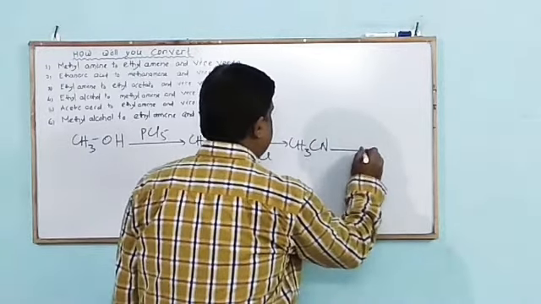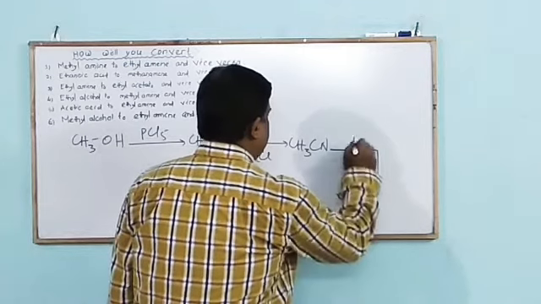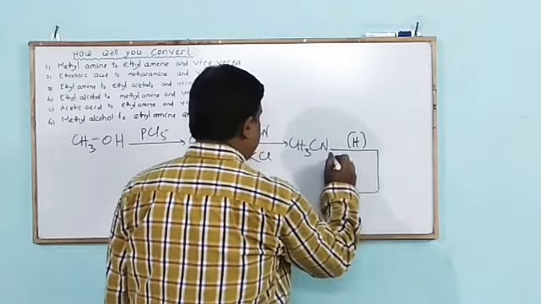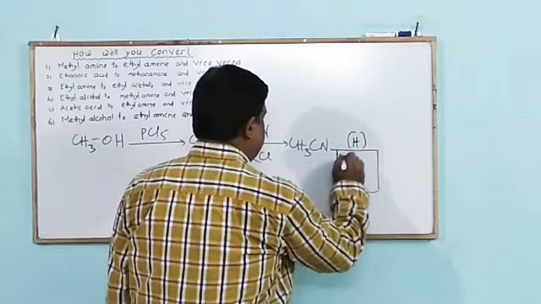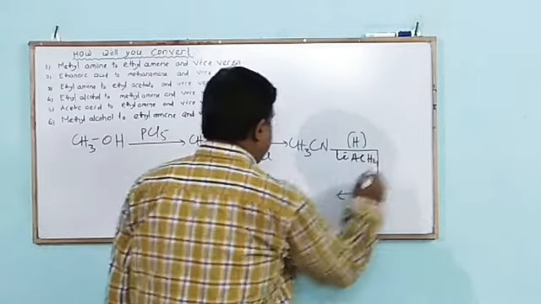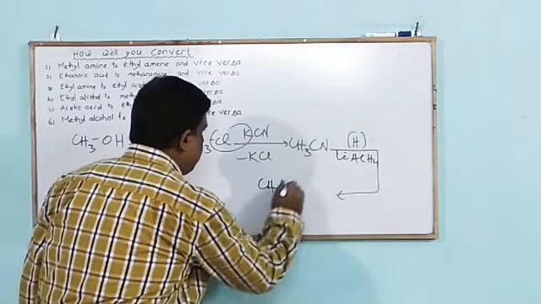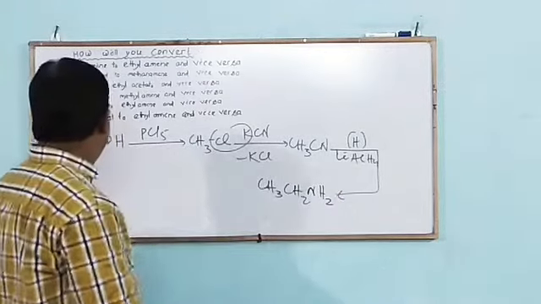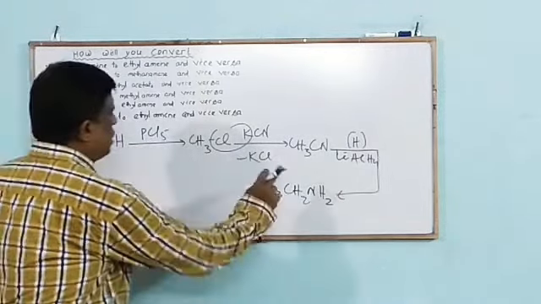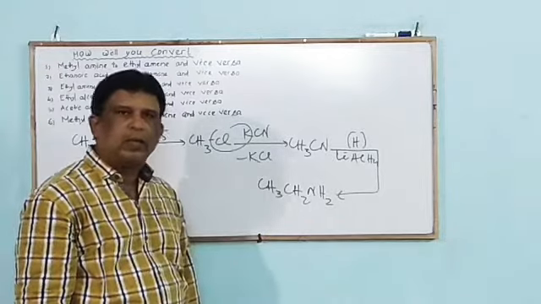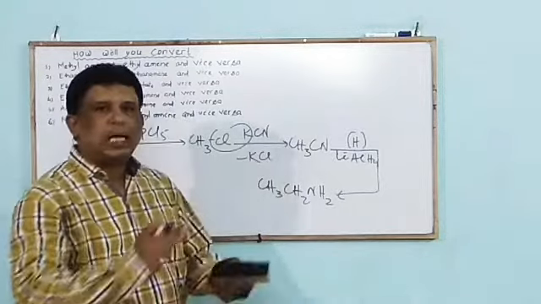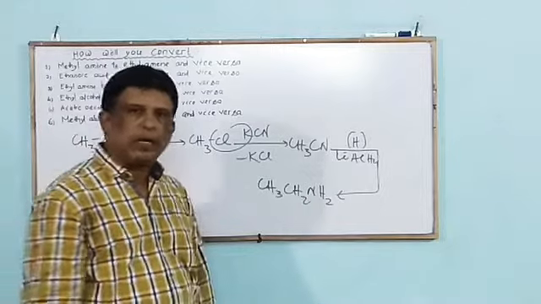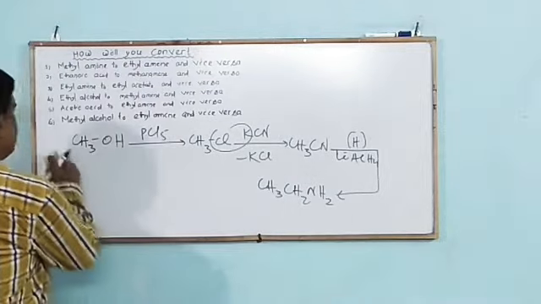Methyl cyanide undergoes reduction in presence of LiAlH4 to form CH3CH2NH2. So in this way, methyl alcohol is converted to ethylamine. Now, ethylamine to methyl alcohol.